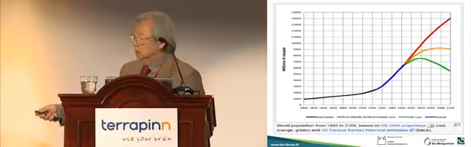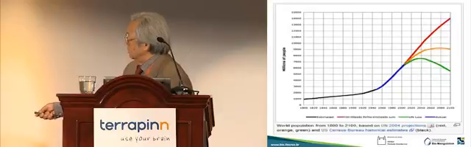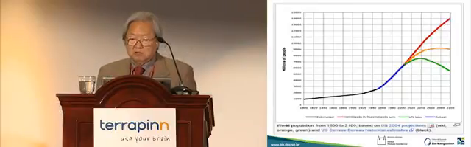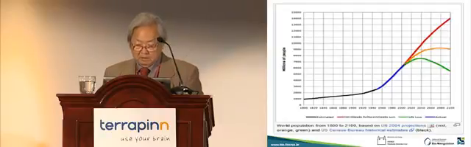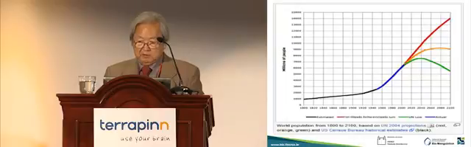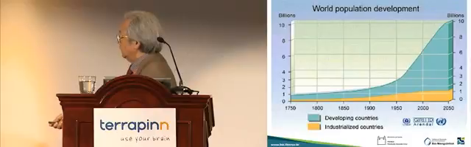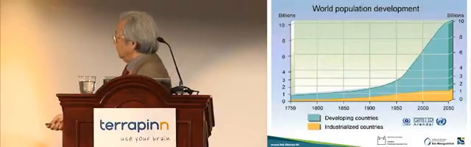But maybe it is more realistic to have around 9 billion people. So this will be a very large population. But the issue is that the developing countries' population will grow much more than the population in developed and industrialized countries.